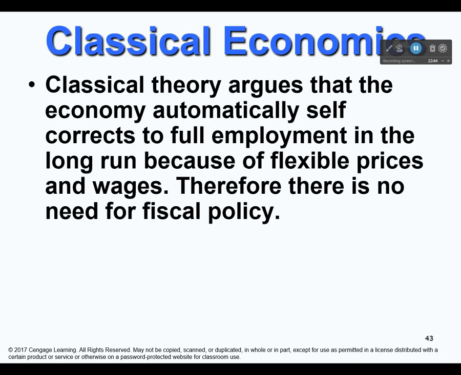Now, the argument goes that the classical economists believe that the economy automatically self-corrects to full employment in the long run because of flexible prices and wages. Therefore, there is no need for fiscal policy. That is not completely true.